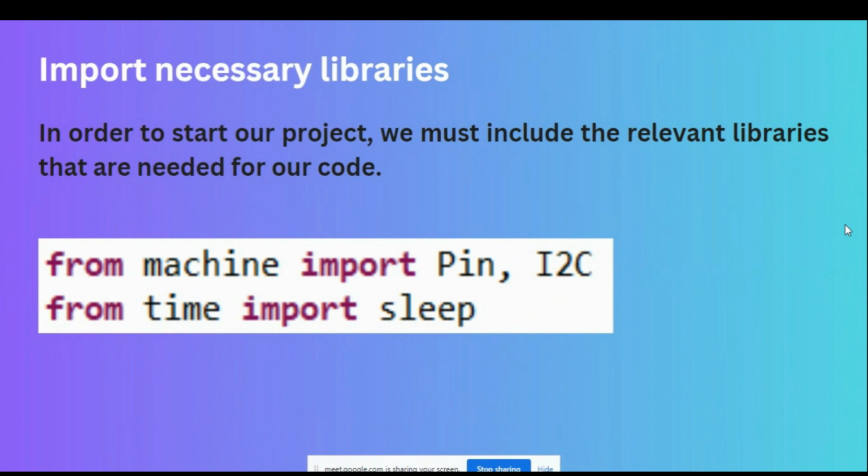Without importing the whole library, we are importing only the necessary classes. From the machine library, we are importing the Pin class. If you need to display something on the display, you can use the I2C class as well. And from the time library, we are importing the sleep function.